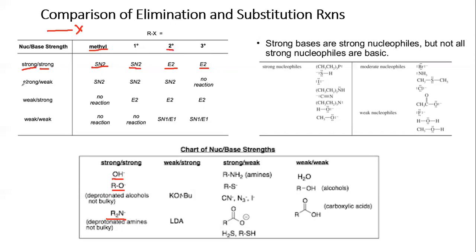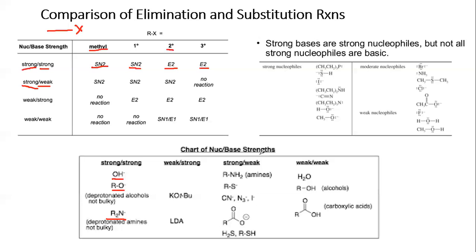Now with a strong nucleophile and a weak base, it's only going to prefer the substitution reactions. Because it's a weak base, it's not going to undergo elimination reactions. So what's a strong nucleophile and a weak base?